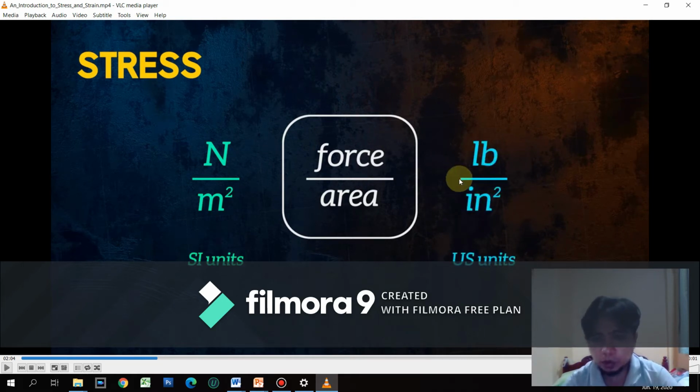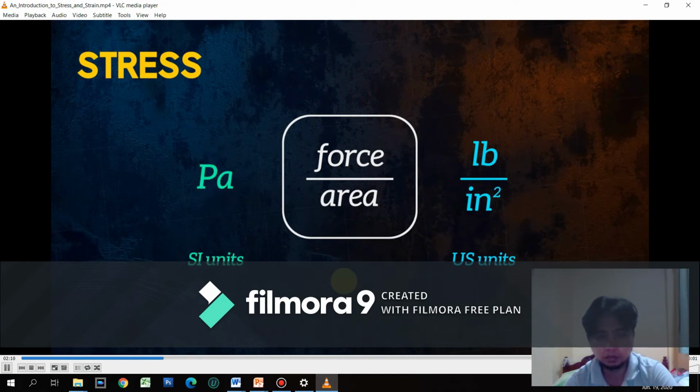So this is what we call PSI, or pounds per square inch. This is used in the English system. But most of the time, engineers today prefer to use SI units in Asia. Okay. Newtons per meter squared are also called pascals.